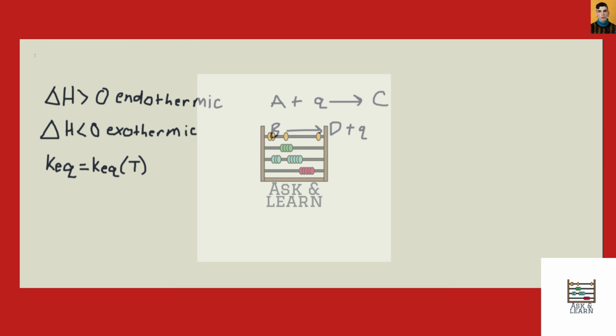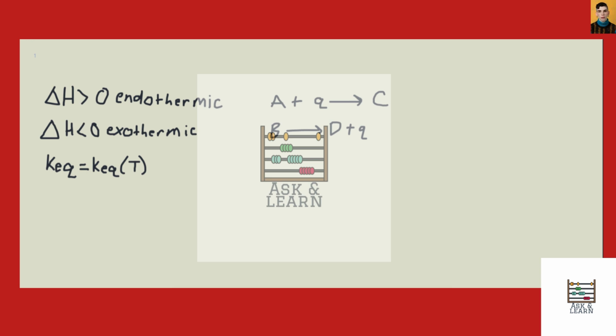Inversely, for endothermic reactions, if you decrease heat, that's going to shift the equilibrium to the left. And for exothermic reactions, if you decrease heat, you're going to shift the equilibrium to the right, because you want to produce more heat to equilibrate your system. Conversely, in endothermic reactions, if you decrease temperature, you can't produce as much product.